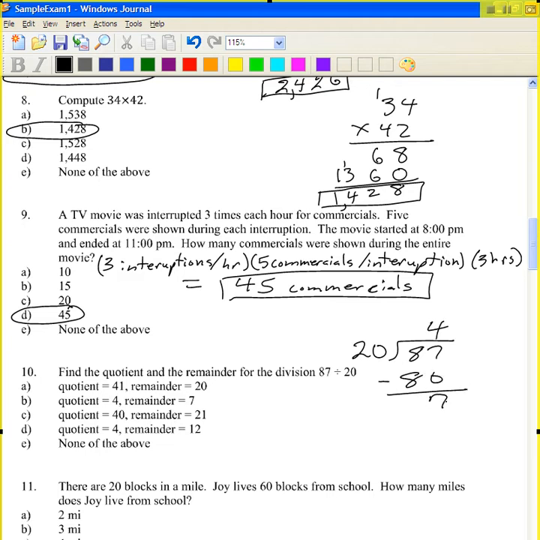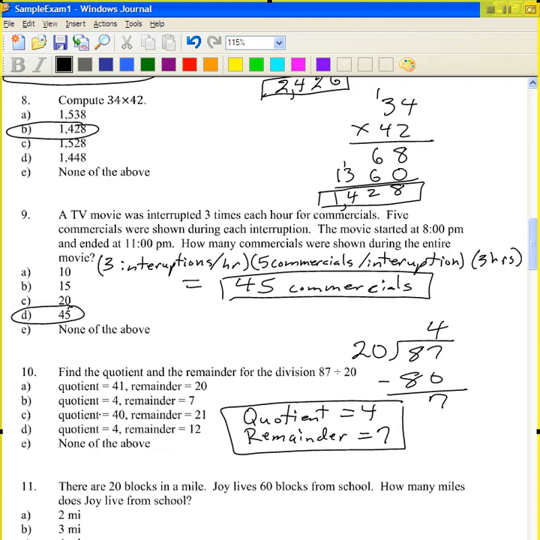Subtract. So I get 7. So therefore the quotient is 4 and the remainder is 7. And so the answer is B.